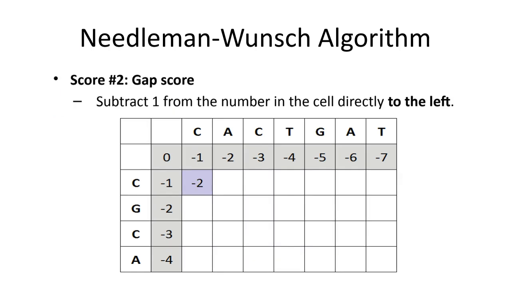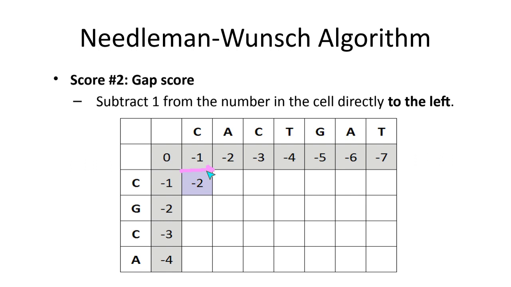The next number we need to calculate is our gap score, but it's the gap score essentially for what would happen if we moved to the right. If we move to the right, we're taking this letter, but we're aligning this letter with a gap because we're moving through the top sequence, but not through the side sequence. So by moving that direction, it's a gap. Our gap score is we subtract 1.